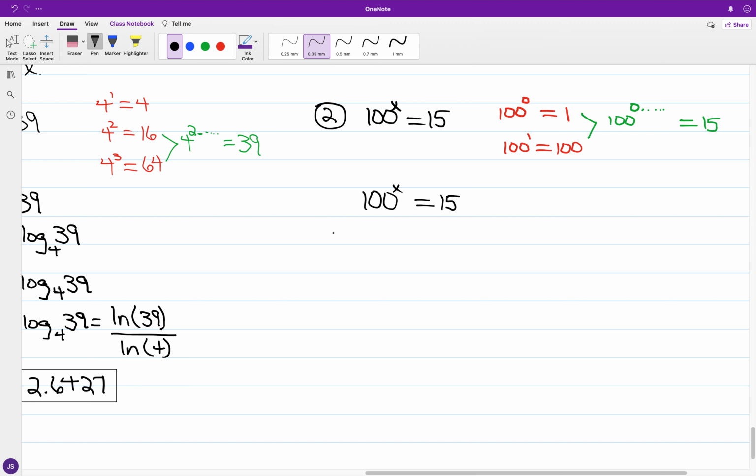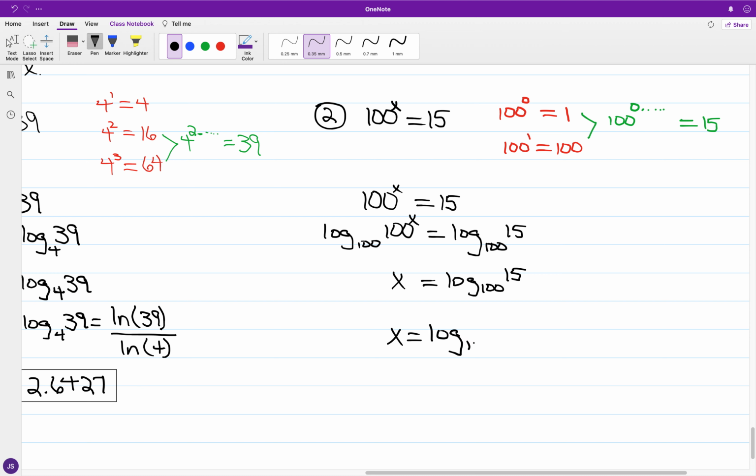Now for 100 to the x is equal to 15, the base a is 100, so I can take the base 100 logarithm of both sides. So x is equal to the base 100 logarithm of 15.